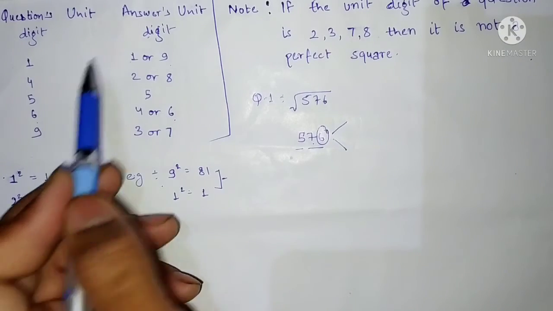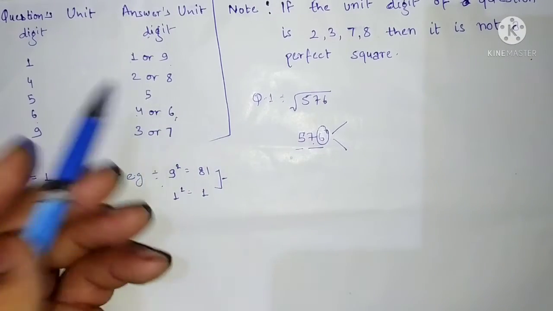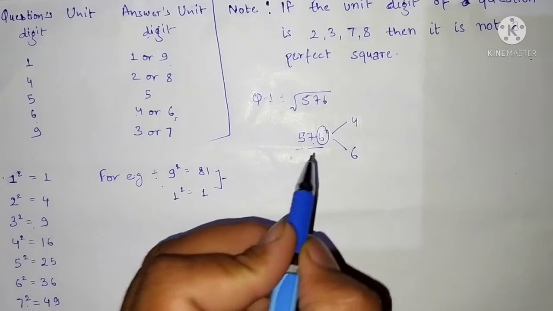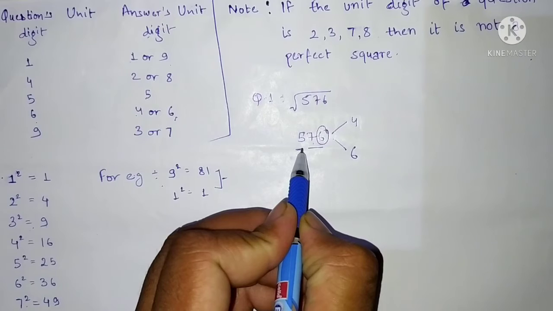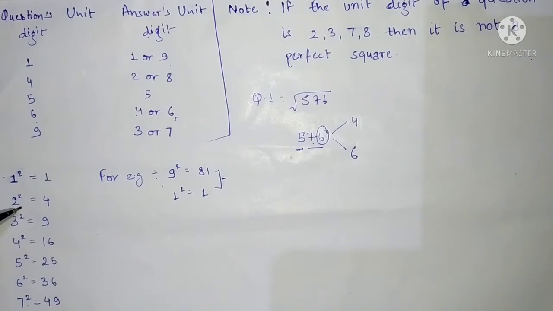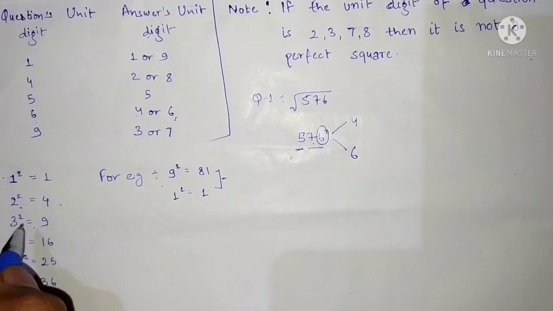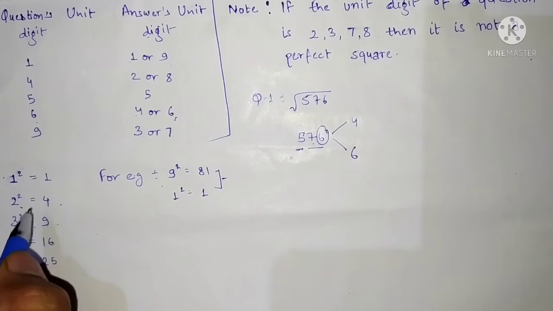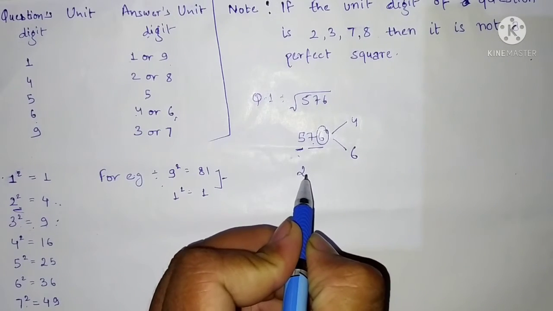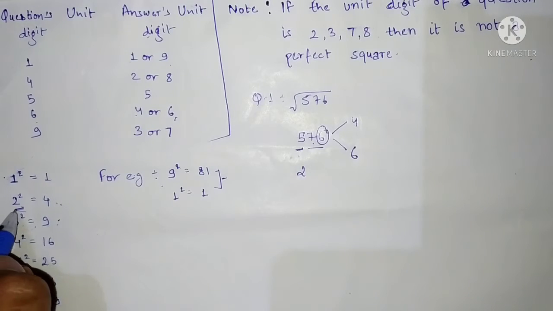Now the second step is you have to see the second pair, which is 5. 5 is between 2's square, which is 4, and 3's square, which is 9. So we will take the lower one, which is 2, and we take the prior one.